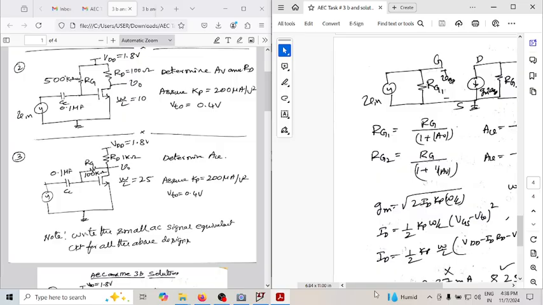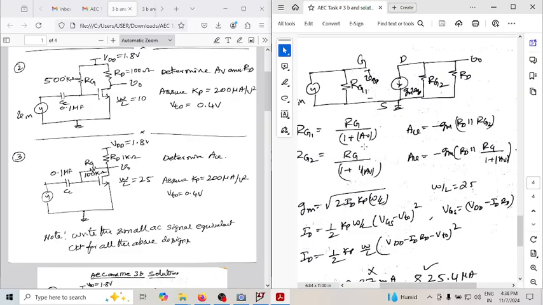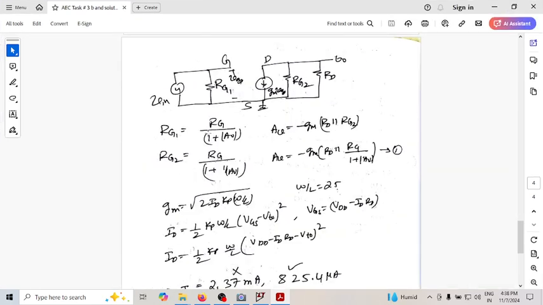From Miller's theorem we can replace a floating resistor Rg by Rg1 on the input side and Rg2 on the output side. At the input side the resistance is Rg by 1 plus AV, and on the other side it is Rg by 1 plus 1 over AV.